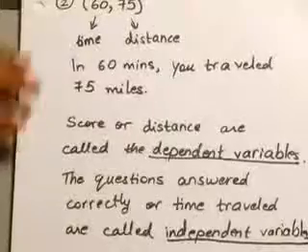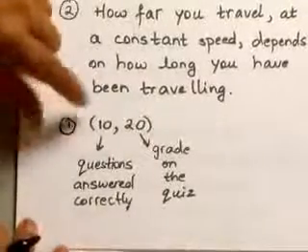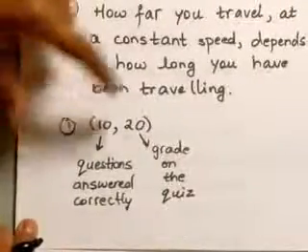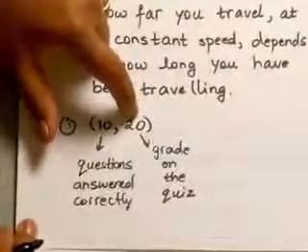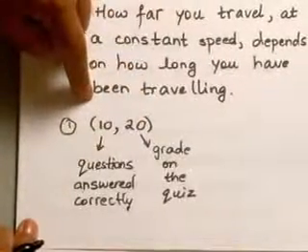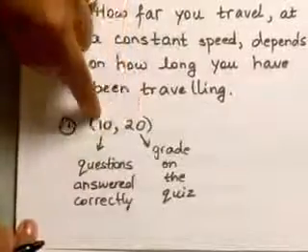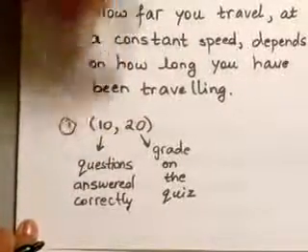So you can see that, let's look at our first example again here real quick. You have your questions answered correctly and you have the grade on the quiz. We're saying that your grade on the quiz depends on how many questions you answer correctly. So this is your dependent variable and this is your independent variable.